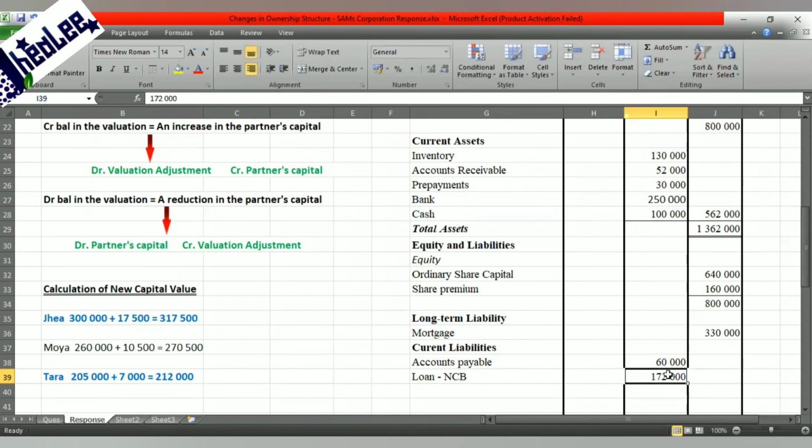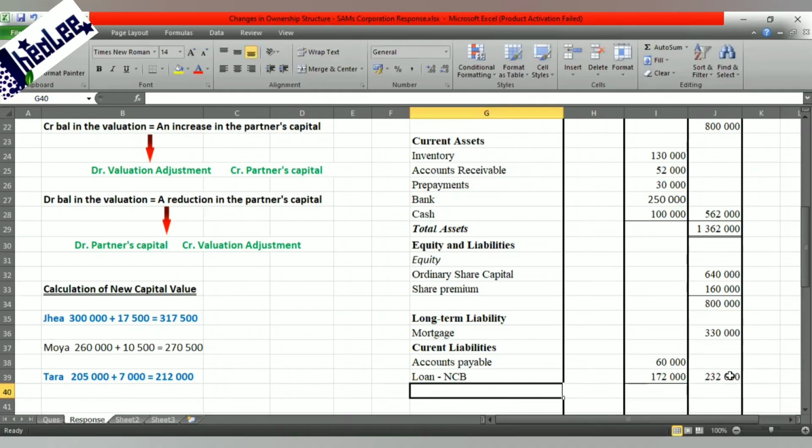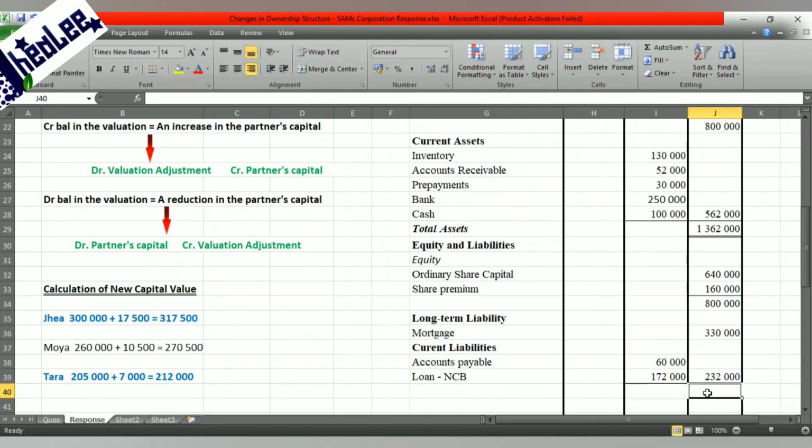Add those together, we get a total of 232,000. So we're going to add up all those figures together to get our total.